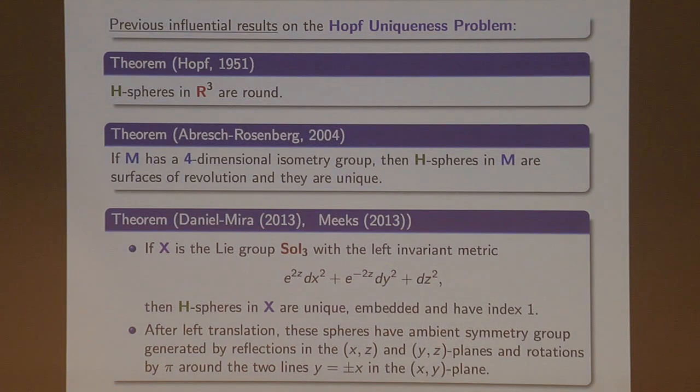If you have a 4-dimensional isometry group, then you might expect your spheres, this also goes back to some questions asked by Sheng, I should have said that. But anyway, if you have a 4-dimensional isometry group, you might expect that your sphere is a surface of revolution. So if the ambient space has lots of symmetries, then maybe your sphere also has this symmetry.